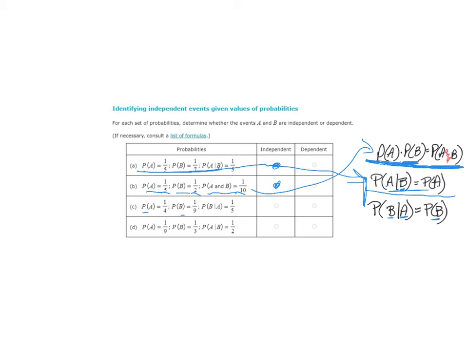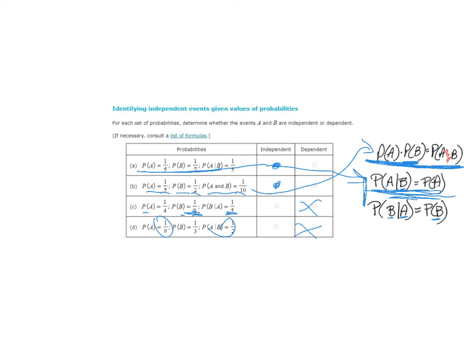A and B, but this is not equal to this, so they're not independent. So we'll have to say they're dependent on each other. And this last one, given, trying to see, does it say this right here? No, because these values are different.